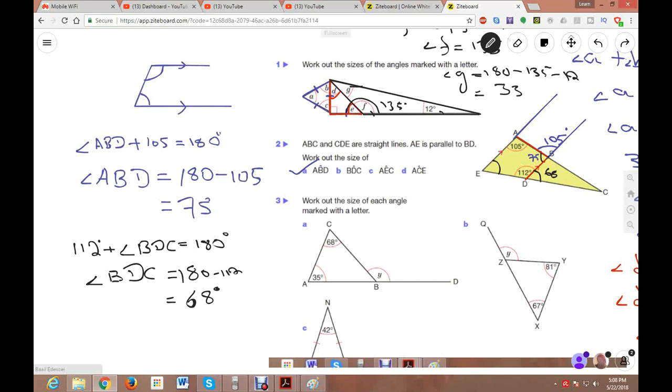We know that the sum of the interior angles of a polygon is (n minus 2) multiplied by 180. This is a quadrilateral, a four-sided figure, so the interior angles of this trapezium ABDE.